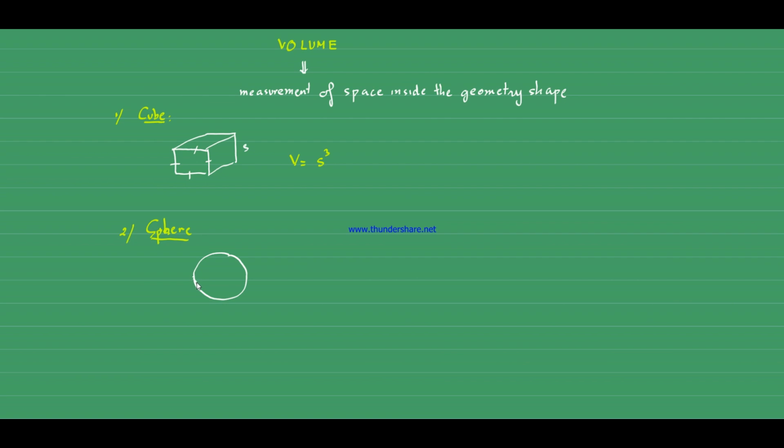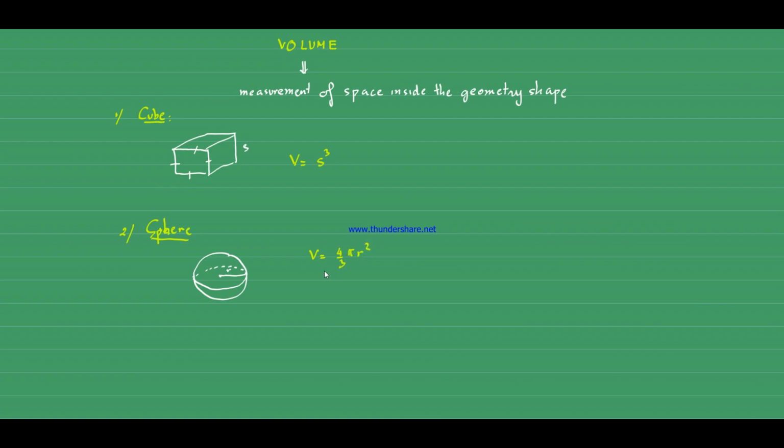And the ball here has a radius. We can find the volume, which is the space contained inside the sphere, by using the formula V equal to 4/3 pi r cubed.